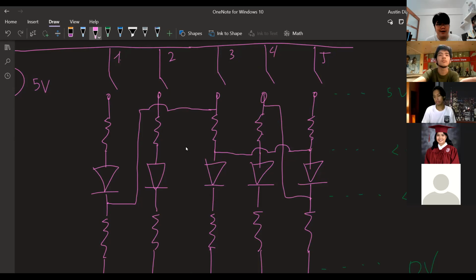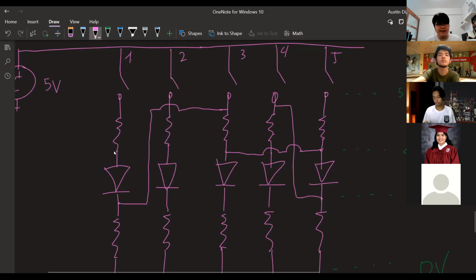Okay. And then, dito, okay, lagyan natin ng analysis. This is less than 5. This is less than 5. Less than 5. Tapos, this is a wire. So, this is less than 5.